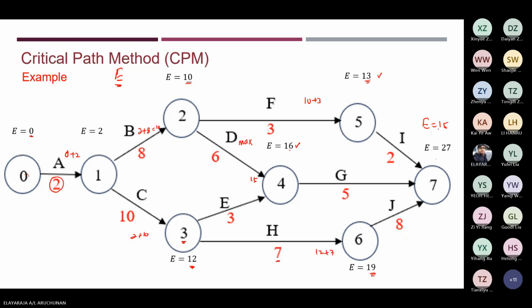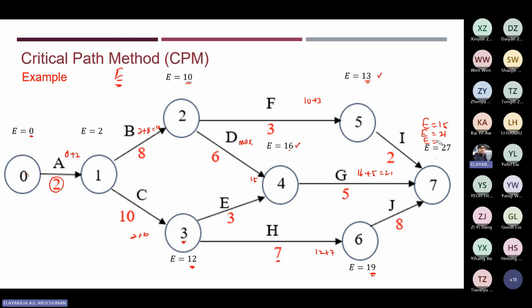Now we take the other option, this path. The earliest starting time is 16, so 16 plus 5 is 21. So here E is 21. But if you follow this path, the 19 plus 8 is 27. So E is 27.